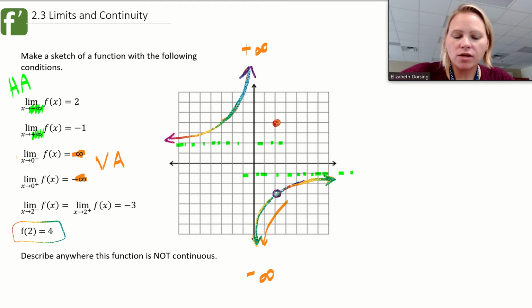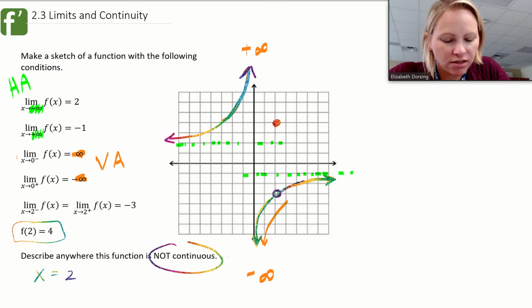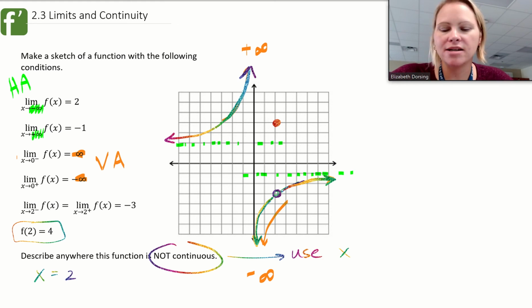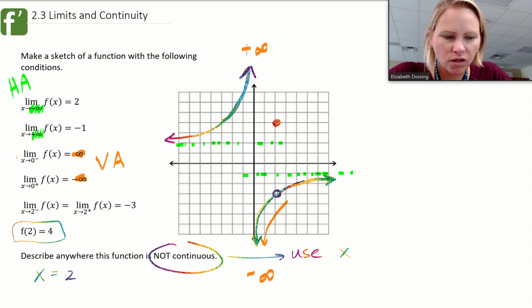So what's going on here is that we have a hole in our graph, and so describe anywhere that the function is not continuous. It's not continuous at x equals 2. We only use x to describe where we're not continuous. And I want to talk a little bit about some notation.